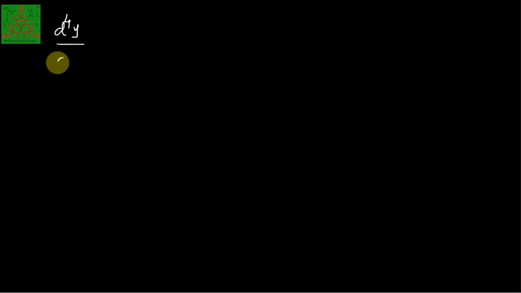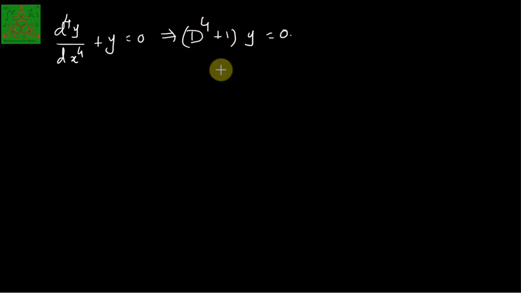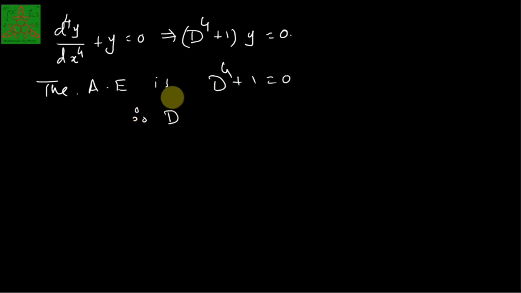d power 4 y by dx power 4 plus y equal to 0. If we write this in D form, then it is (D power 4 plus 1) y equal to 0. The auxiliary equation is D power 4 plus 1 equal to 0. This we can factorize in a different manner. So we can say D power 4 plus 2D square plus 1 minus 2D square.